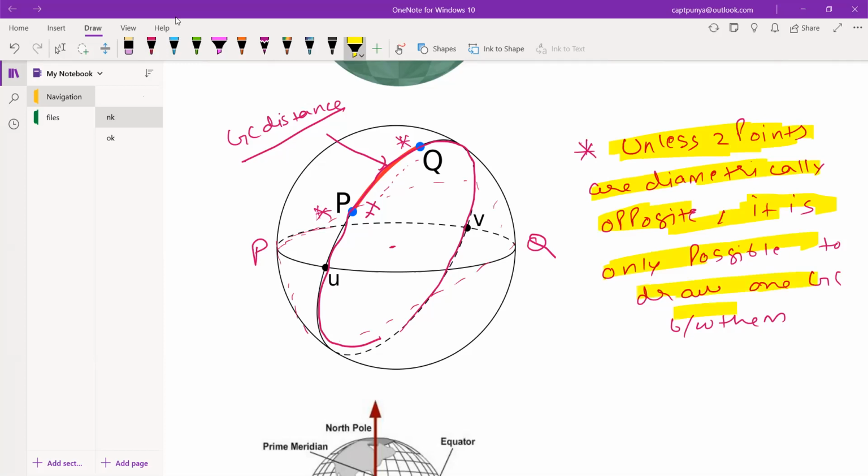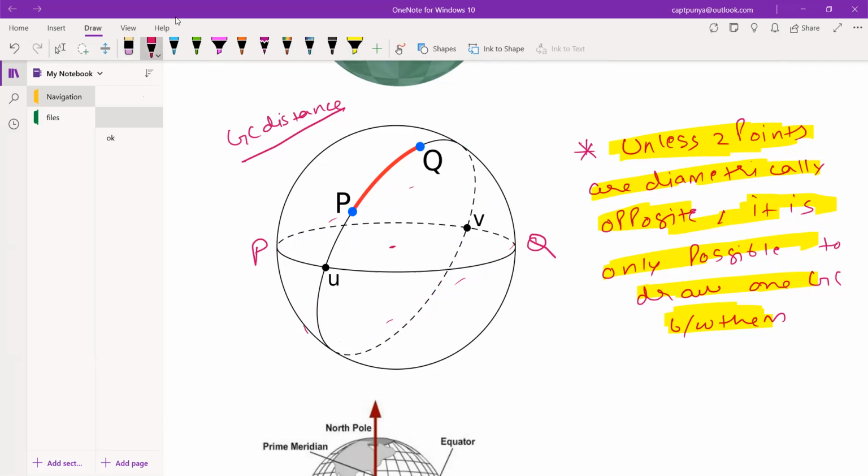So if I am going from P to Q, my shortest distance will be my great circle distance. Let me just show you. I'm going to erase it so that you get a better picture. Have a look here, guys. I hope you understand by looking at this picture. So this is your GC.